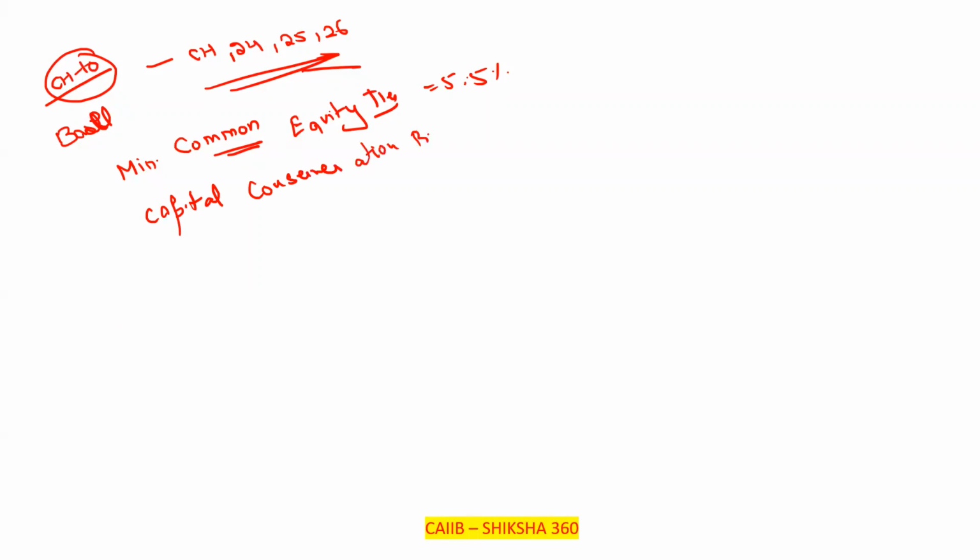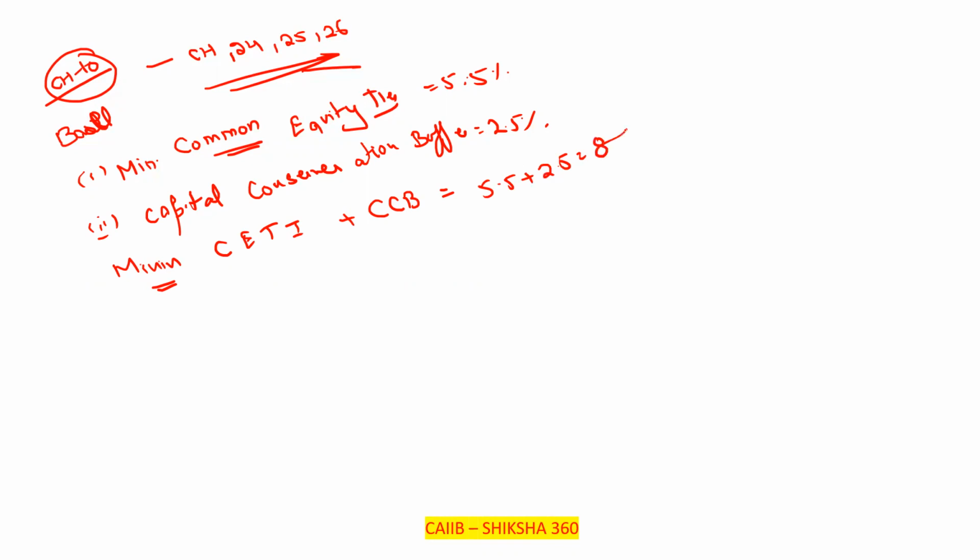Here it is 2.5%. This is 1, this is 2. The third one is minimum common equity tier 1 capital plus capital conservation buffer: 5.5 plus 2.5 comes out to 8%.